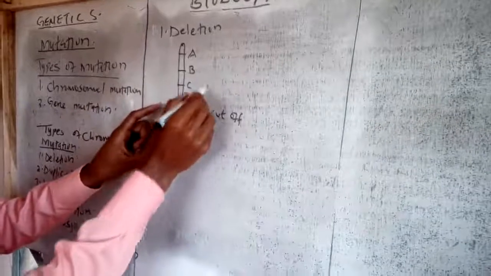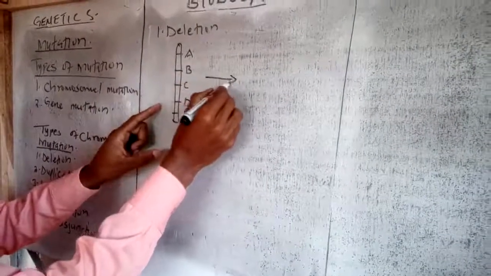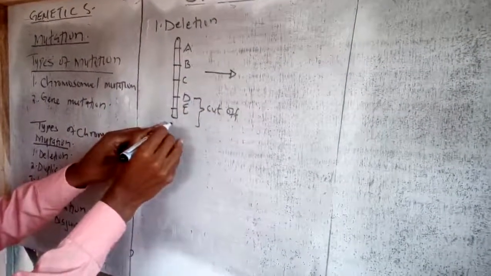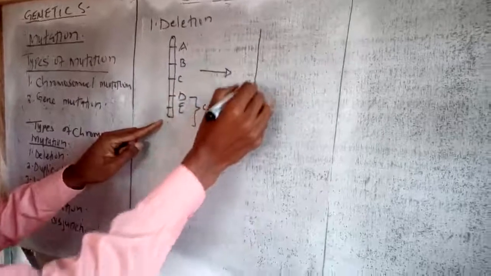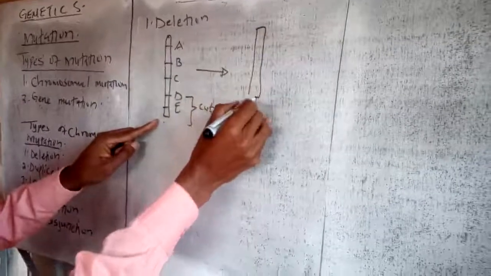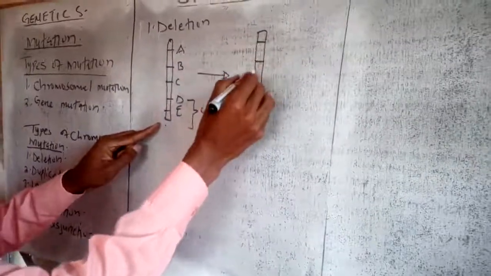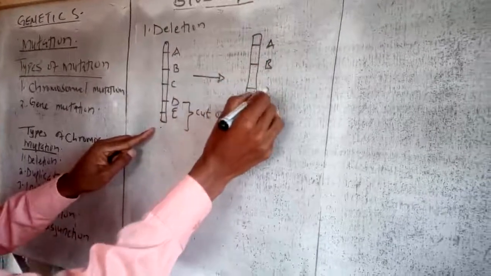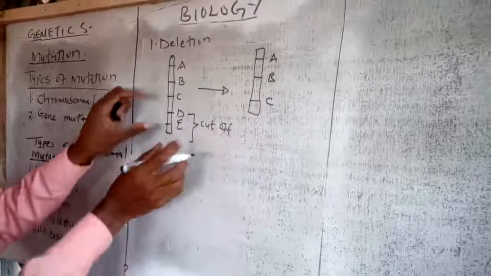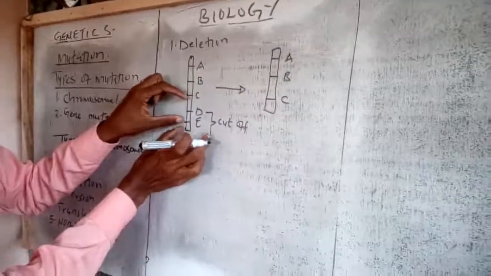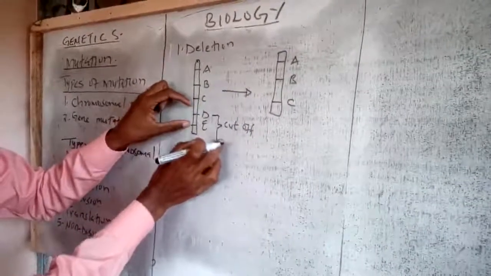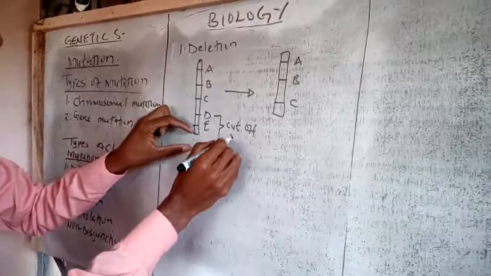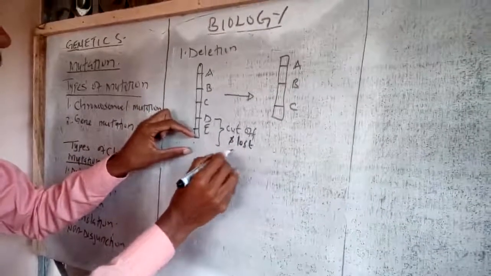And therefore, this is the original chromatid, and the final chromatid will be like this. It will be having 3 genes, that is A, B, C. And therefore, you can see the part which was represented by D and E has been cut off and lost completely.